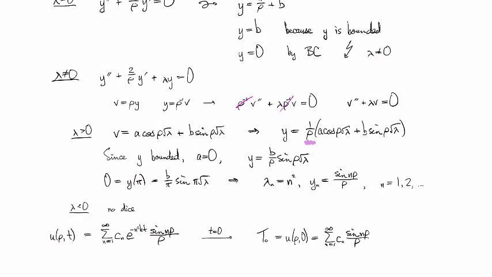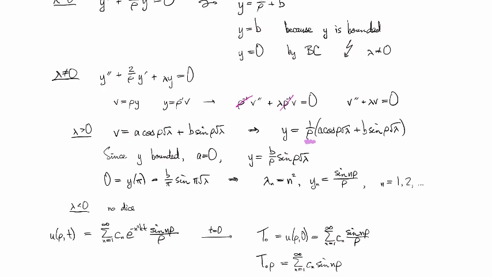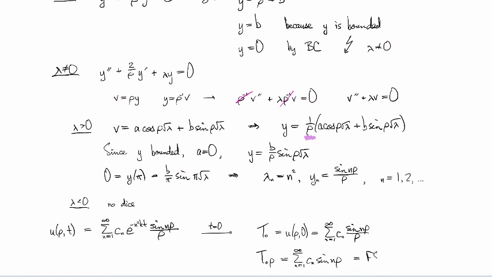So let's take a look at this. Now, rho does not depend on n, so I can multiply it over to the other side for simplicity. And now we're just computing the Fourier sine series for T0 rho.